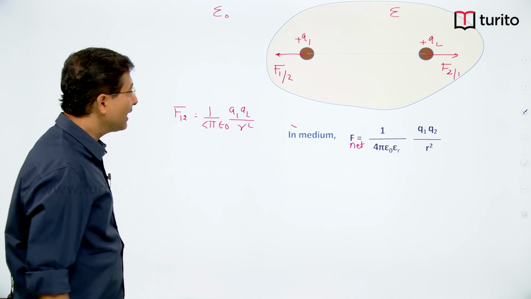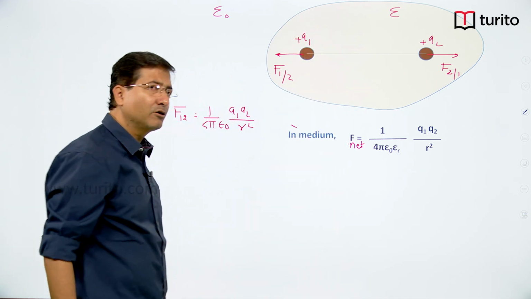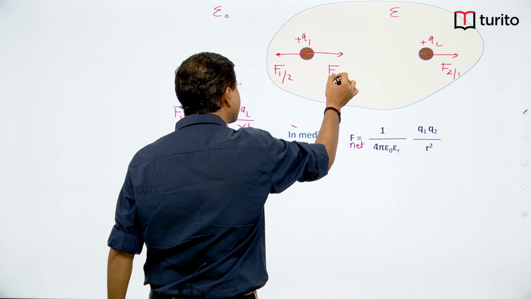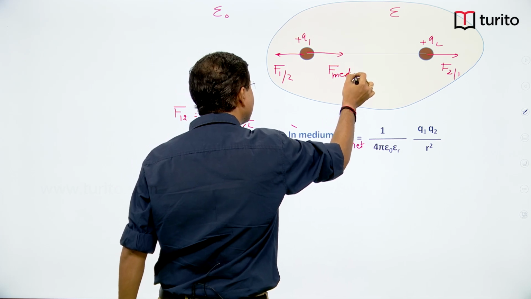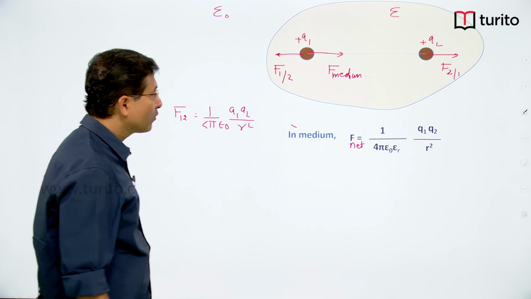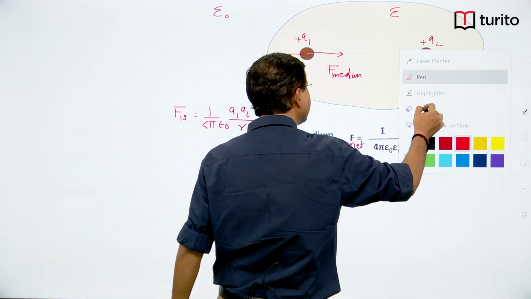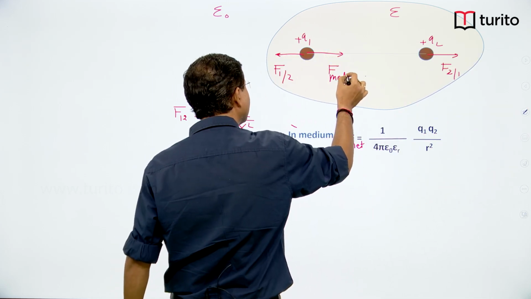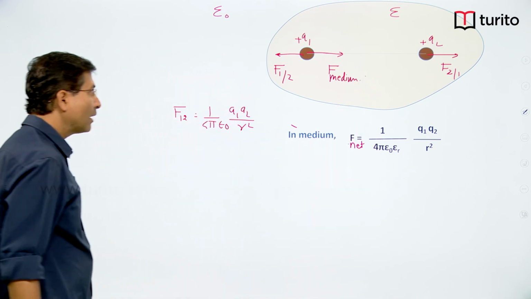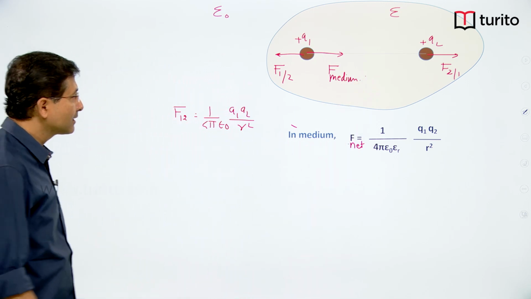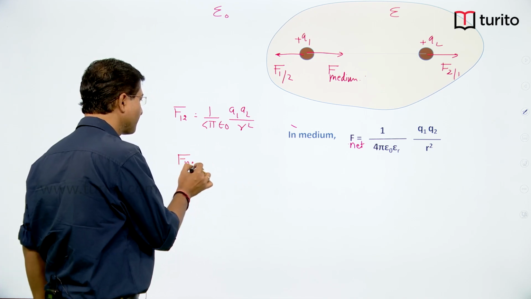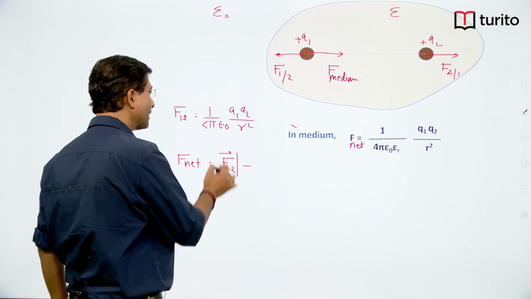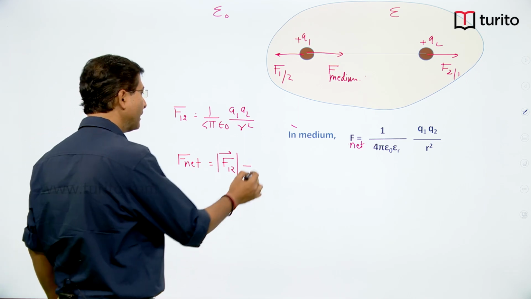But because of the medium, another force came into the picture. The medium also starts exerting force, the force exerted by the medium. So as the medium also exerts force, the net force we are talking about is F12 minus F medium, because I have already considered the direction.